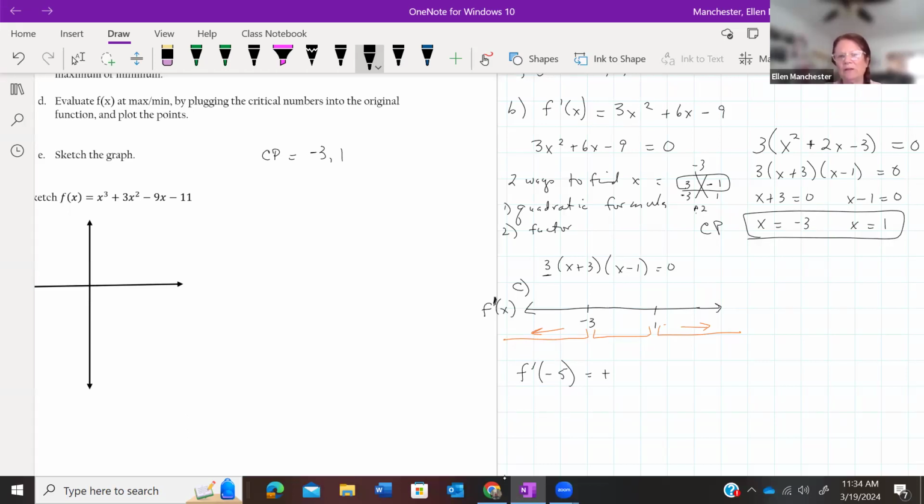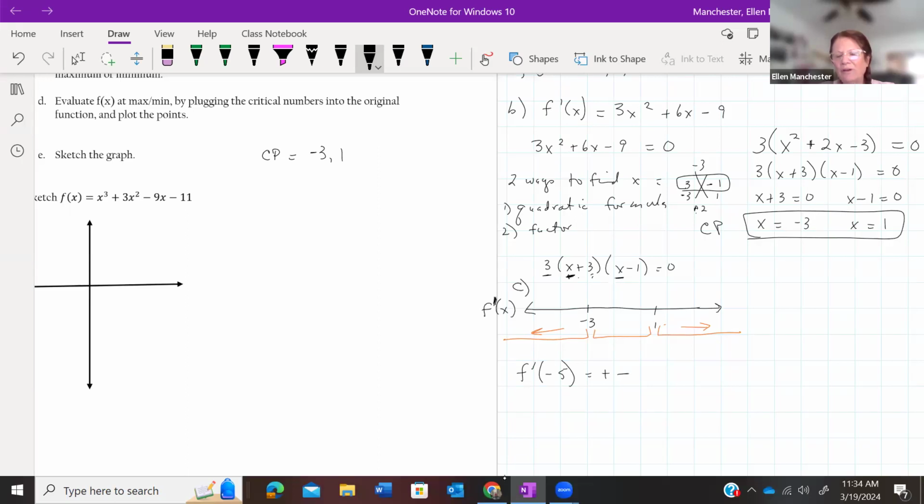When I plug -5 into here, I get -5 plus 3, which is a -2. So that means that term is negative.